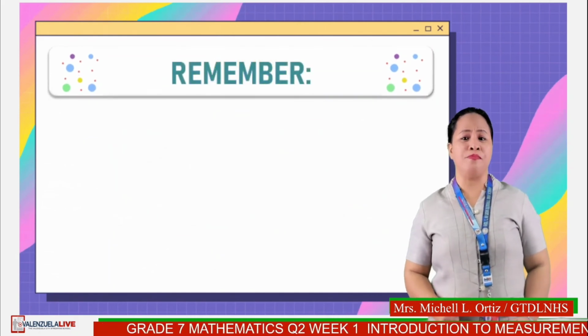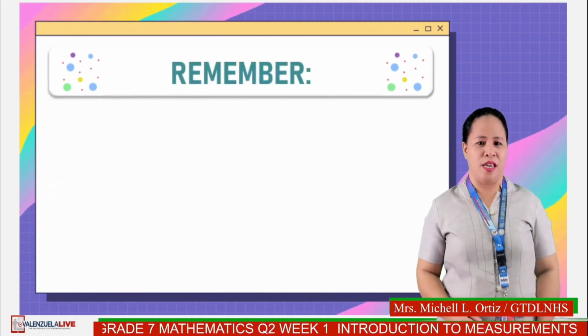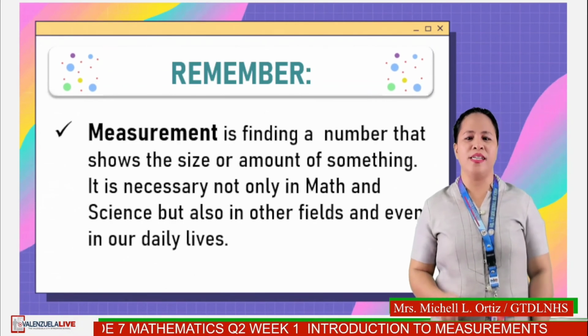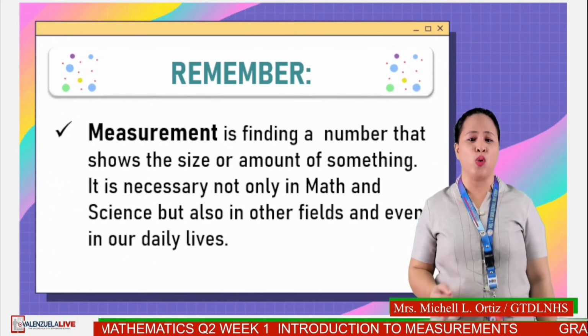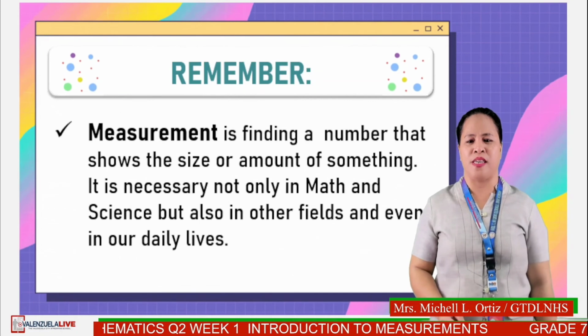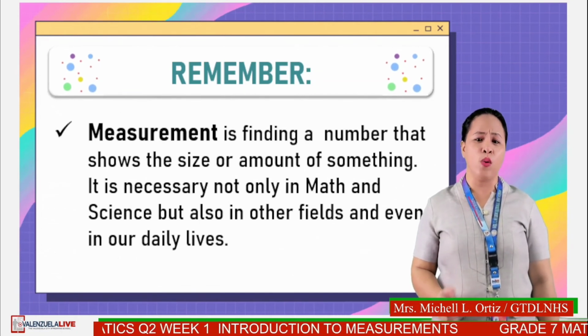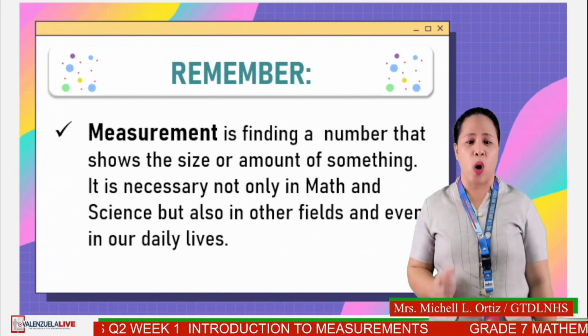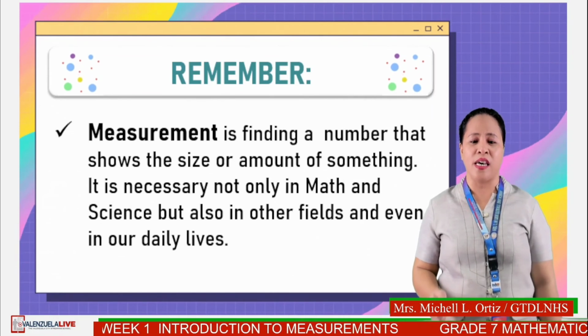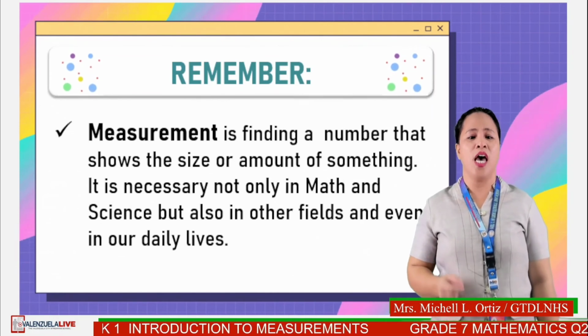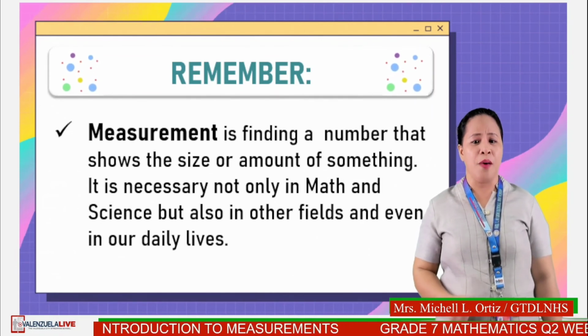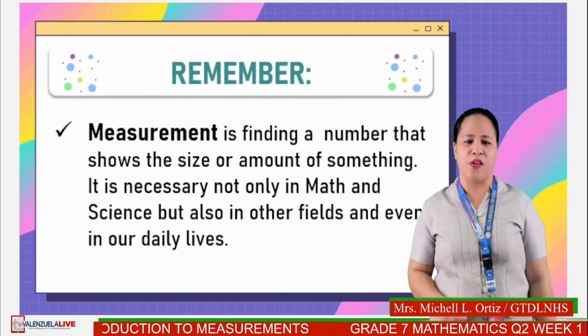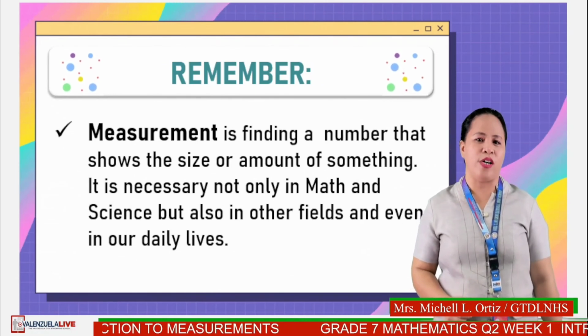Some of the important points of our lessons for today. Measurement is finding the number that shows the size or amount of something. It is necessary not only in math and science, but also in other fields like engineering, cooking, baking, construction, medical field, and many others, and even in our daily lives.